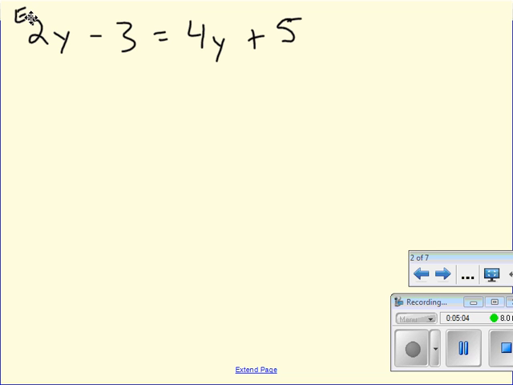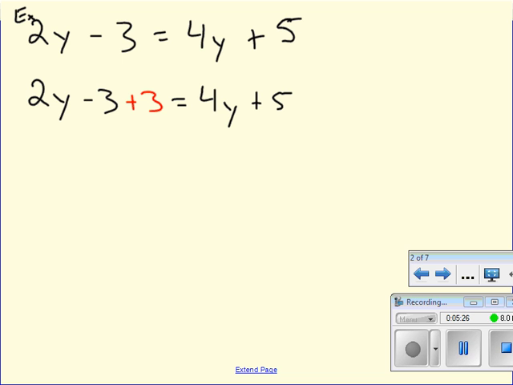Now if I go through it, I'm going to move the 3 over to the right and move the 4y over to the left. So first the 3. So I have 2y minus 3. The opposite of minus 3 is plus 3. That's equal to 4y plus 5.